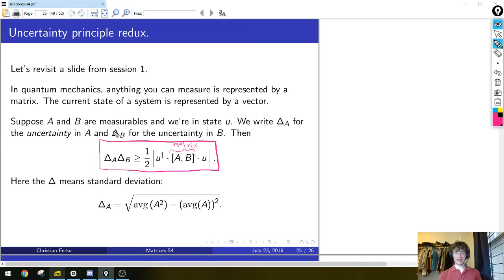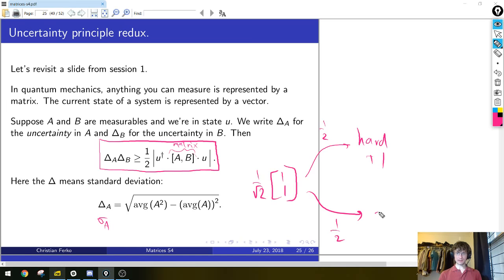And here, what I mean by error or uncertainty in a measurement is really just the standard deviation you learn about in, say, Algebra 1. The standard deviation, sometimes written sigma, for instance sigma A, is the average value of A squared minus the average of A, quantity squared. So, for instance, if you're in the state 1 over root 2, 1, 1, and you measure hardness, you'll get half the time hard, which is +1, and half the time soft, which is -1.